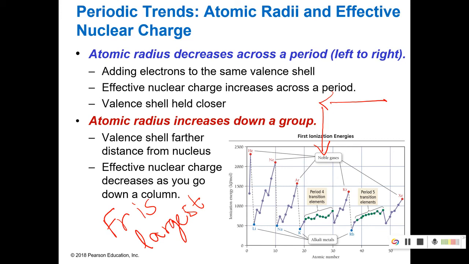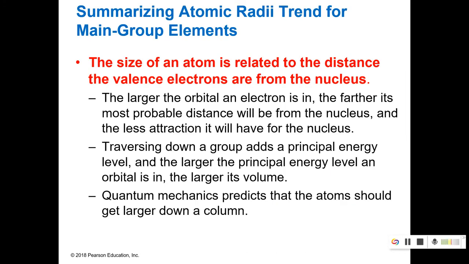Okay, the reason that one is the biggest is because as we go down the periodic table, if we're looking at the Bohr models, they're getting bigger because we're adding shells, those energy levels. So it makes sense that as we go down, they get larger. As we go across the periodic table, that effective nuclear charge increases, which is the pull of the electrons. So when you're pulling something, you're pulling it closer to you, and so they get smaller as they go across.